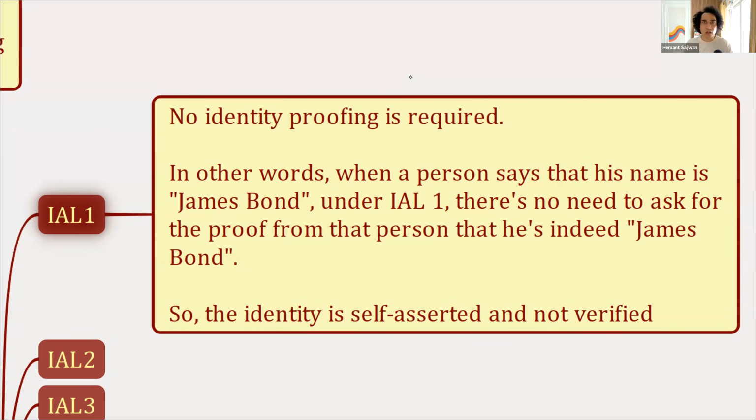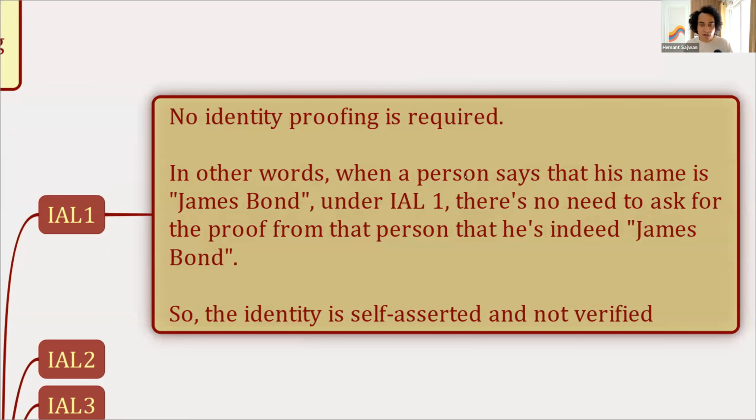You can just claim whatever username you want to claim. So it says here in IAL1, no identity proofing is required. In other words, when a person says that his name is James Bond or any other name, under IAL1 there is no need to ask for proof that he is indeed James Bond. So identity here is self-asserted and not verified. If there is no risk with the information that you are providing, then you can go for IAL1.